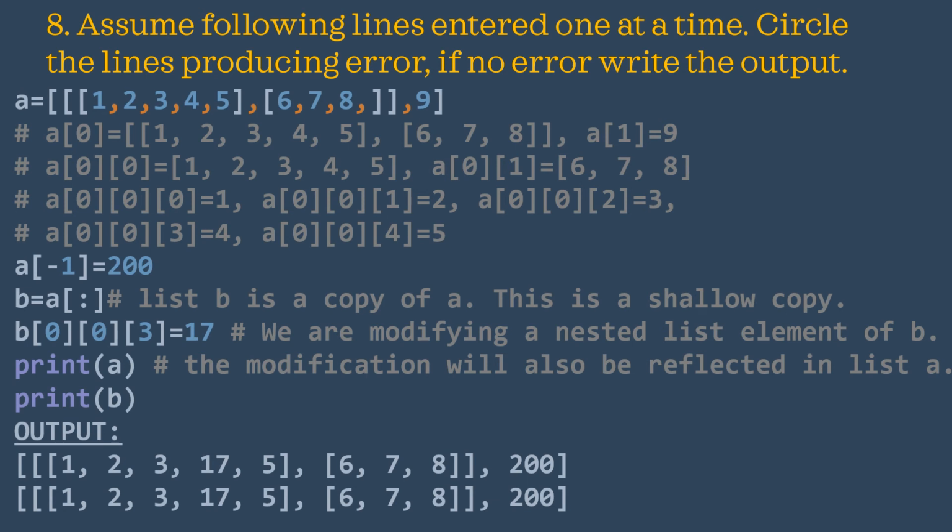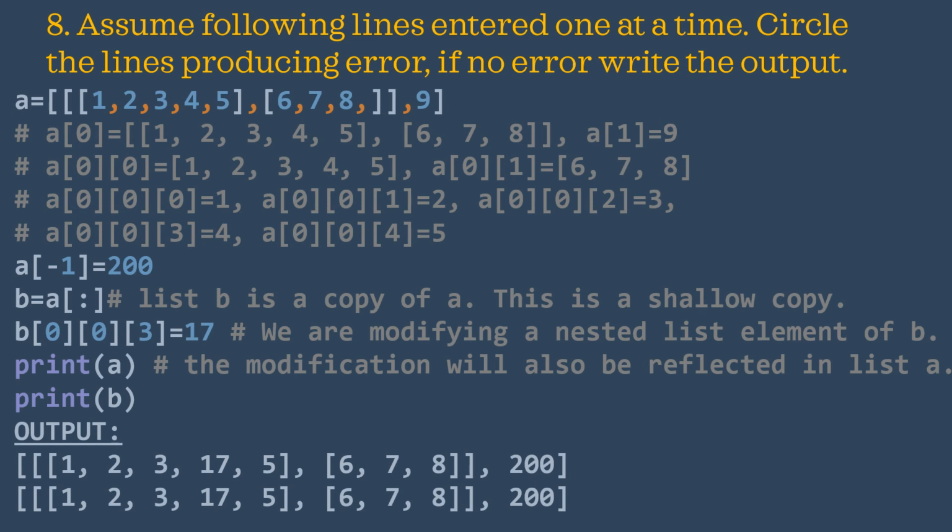Now we are modifying B of 0, 0, 3 is equal to 17. That means we are making some modification in the sublist part of the list B. B is nothing but a shallow copy of list A. So whatever changes you make in the sublist part or nested list part of any of the lists, the modification will be reflected in the other list.